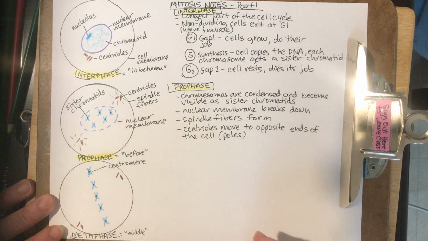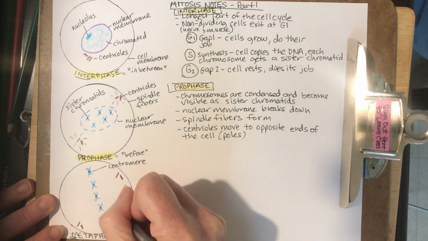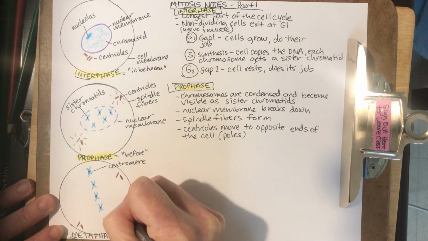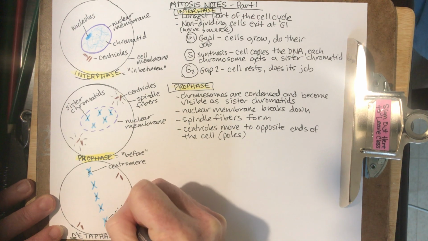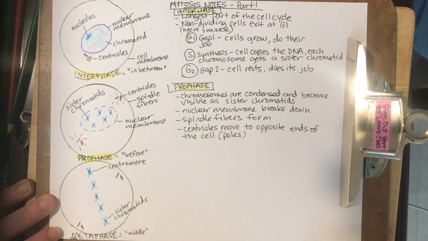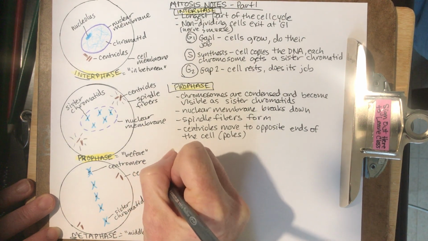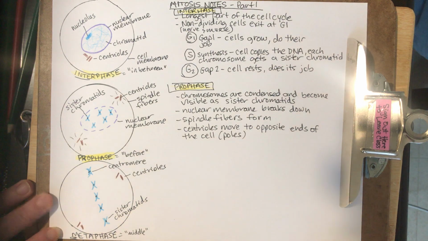And that's kind of what the centromere does. It's holding these sister chromatids together. Let's label them just one more time. And let's label our centrioles again.